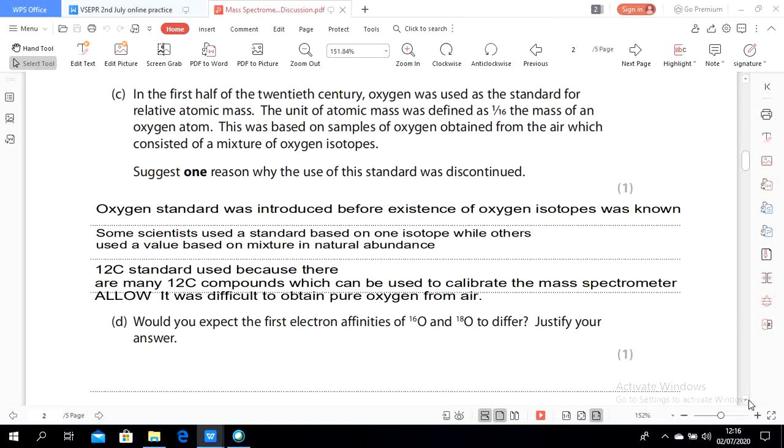Electron affinity is the ability to gain an electron. So would you expect the first electron affinity to differ? There is no difference. Why? Because electron affinity is based on the number of electrons, and both oxygen-16 and oxygen-18 have the same electronic configuration.